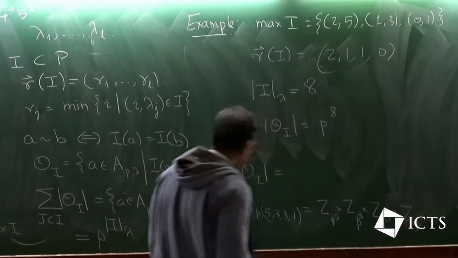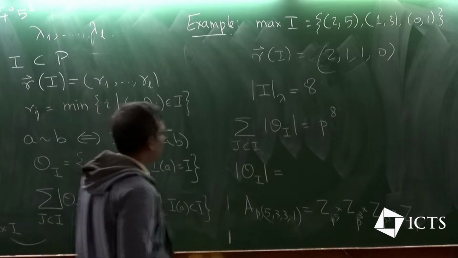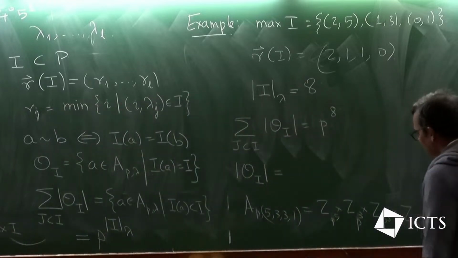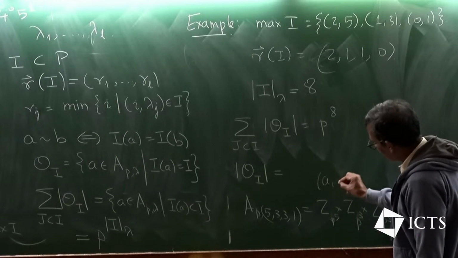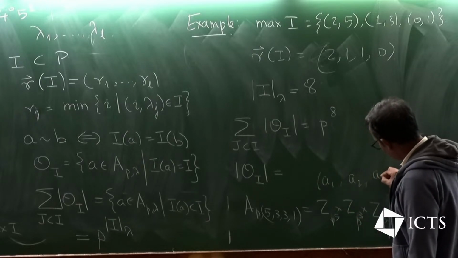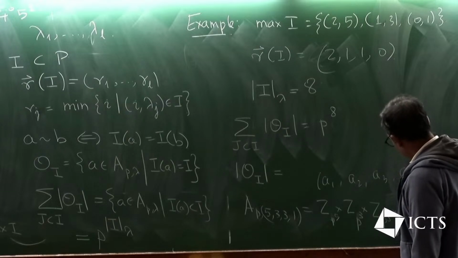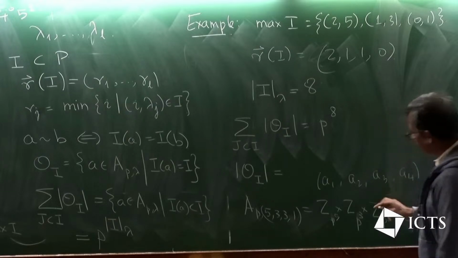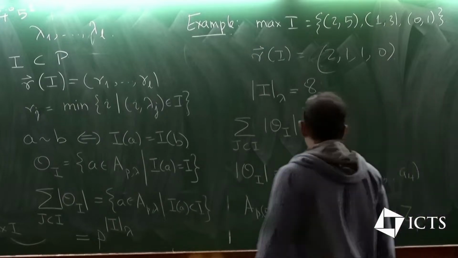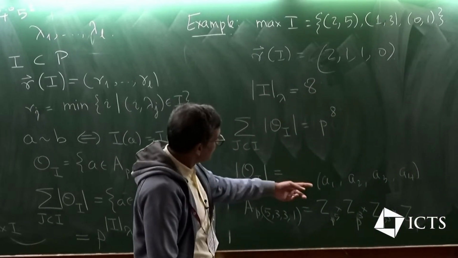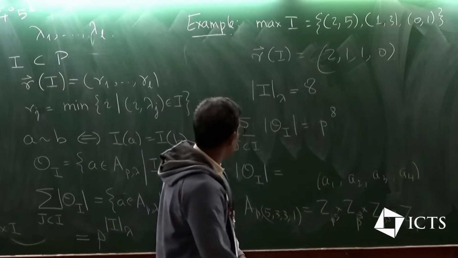That's the group. And a typical element in here is a1, a2, a3, a4, where ai is in the corresponding cyclic group. And an element is going to be in the union of orbits.